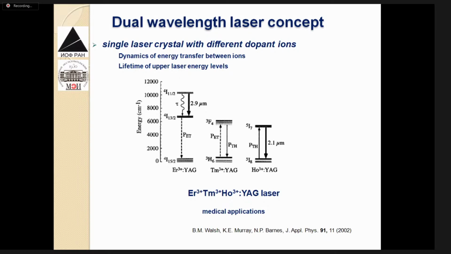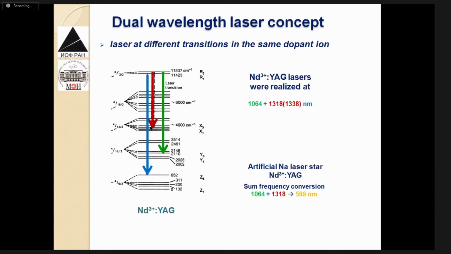For example, in 2002, Walsh made experiments on a laser oscillating with erbium ions and holmium ions at 2.9 and 2.1 microns in a YAG crystal. The system had medical applications.